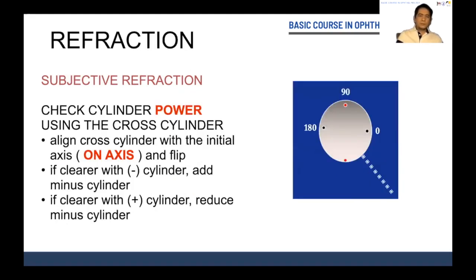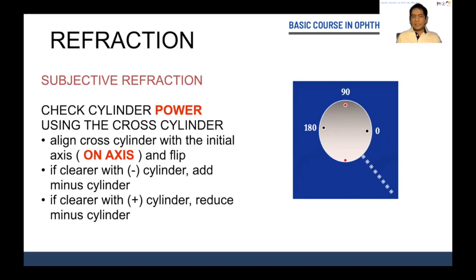The next is checking the cylinder power. How do you refine your cylinder power? If we have the straddling technique in checking the cylinder axis, the term that we apply in checking the cylinder power is on axis. What do you mean by on axis?